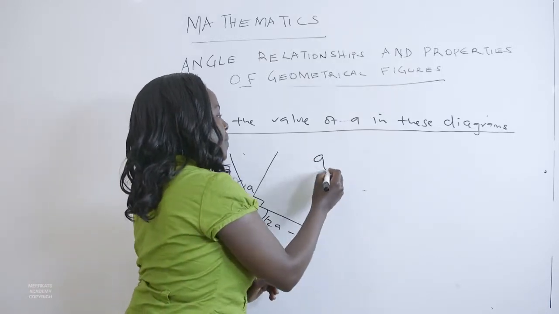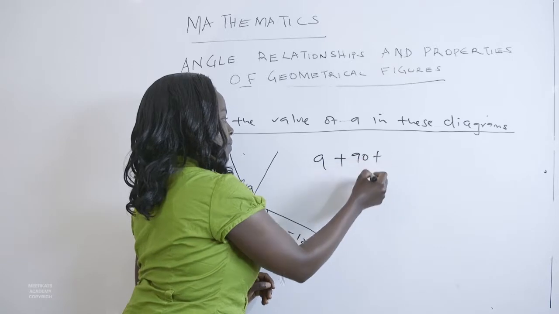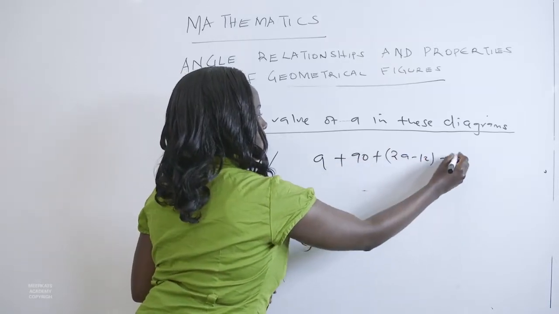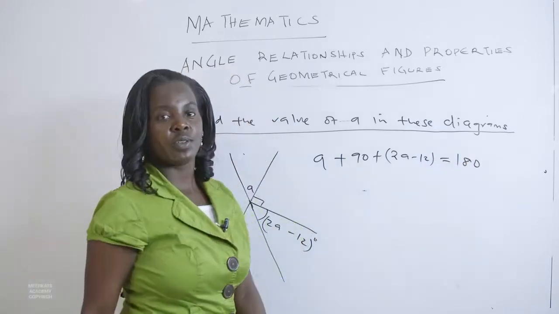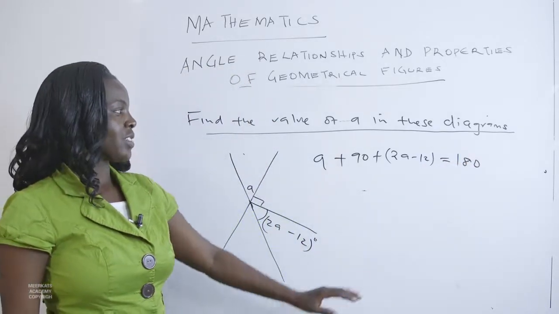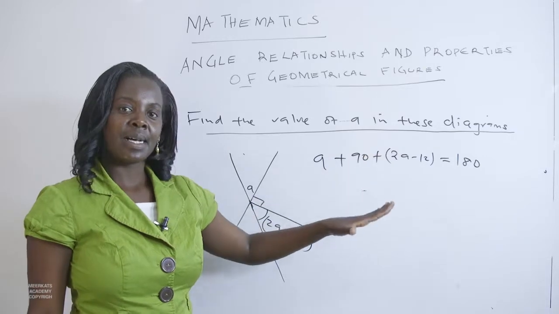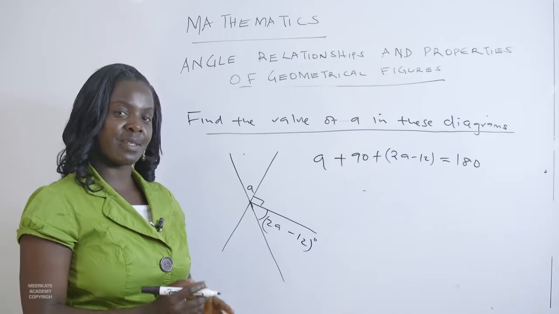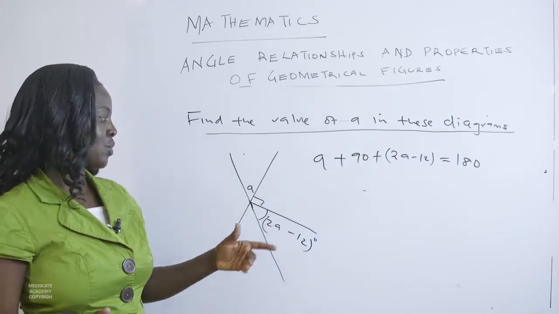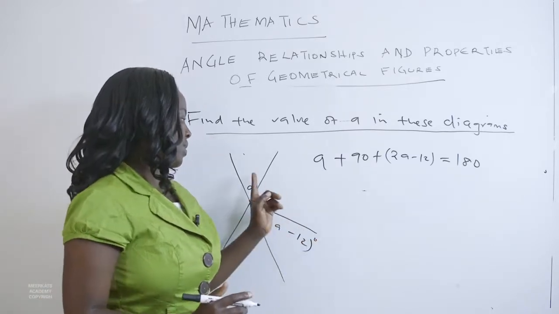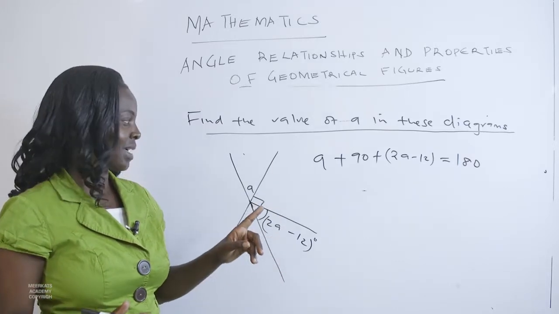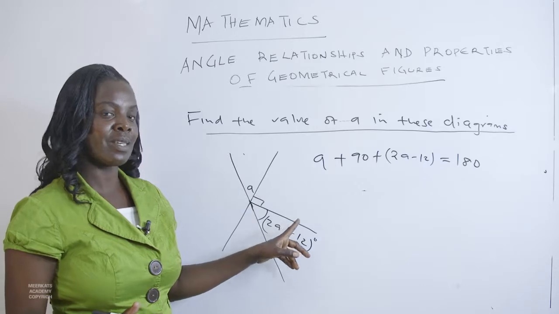So the first thing that we're supposed to do is to get the algebraic equation, then we can solve for A from that. So this plus this plus this should give us 180. These are not supplementary, but these are angles on a straight line.